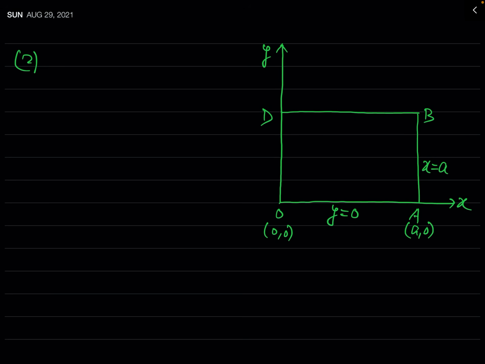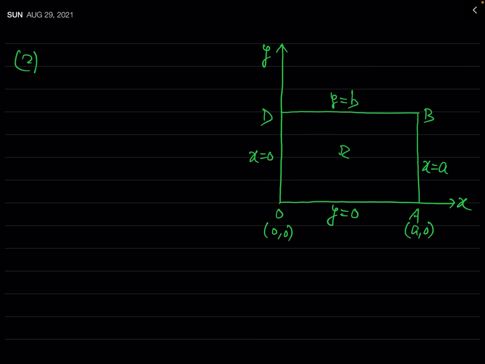So for AB, x is constant at the value a, and this line BD is defined by the equation y equal to b, and OD will be defined by the equation x equal to 0. So this is the rectangular region R which has been shown in this figure.